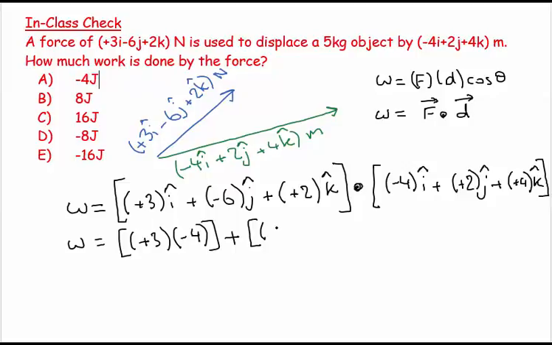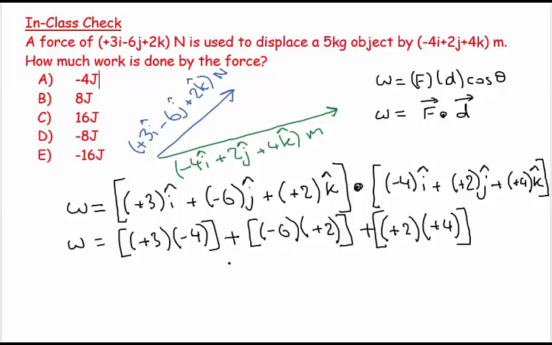And then I take this minus 6 and multiply it by the plus 2. And then I take my third coefficient, so plus 2 multiplied by plus 4. There's no vector involved, there are no ijks involved.